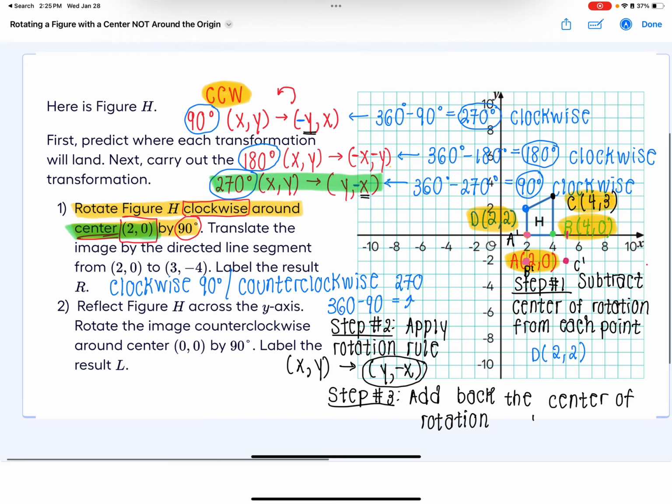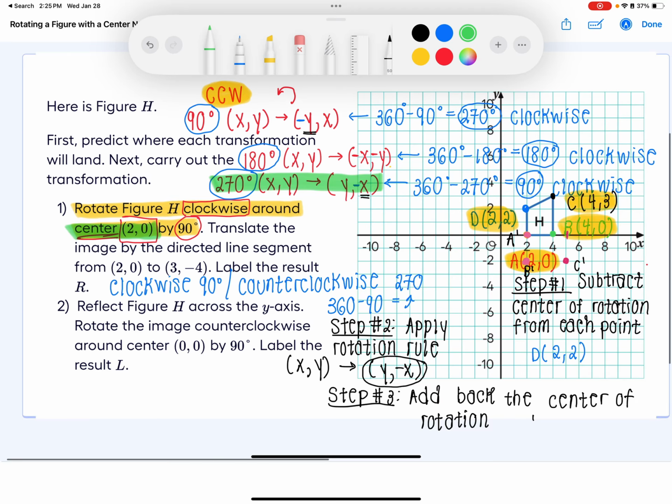And what we're going to do is subtract the center of rotation. So I'm going to subtract the 2 from the 2, and I'm going to subtract the 0 from the 2. Because again, our center was at (2, 0). Alrighty, and that gives us that D is (0, 2).